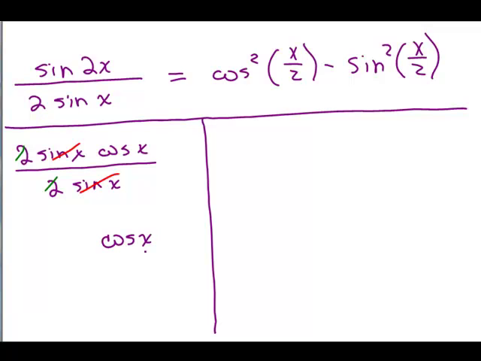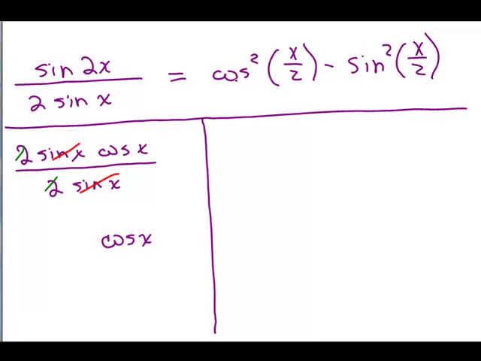All right, let's look at the right side. I've got cosine squared of x over 2 minus sine squared of x over 2. I have to recognize that as a double angle identity, the cosine of 2 theta. That's a double angle identity for cosine.